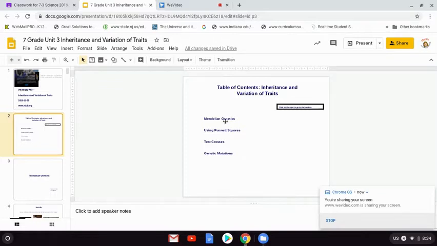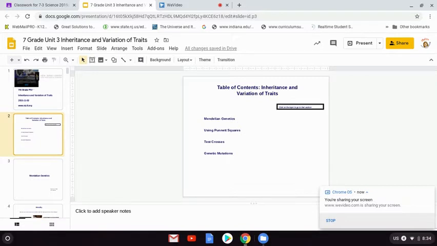So we're going to be studying something called Mendelian genetics, which is based off of Mendel. We're going to be talking about how to use Punnett squares, which is a really simplified math tool where you're predicting the probability of what the offspring traits could be.